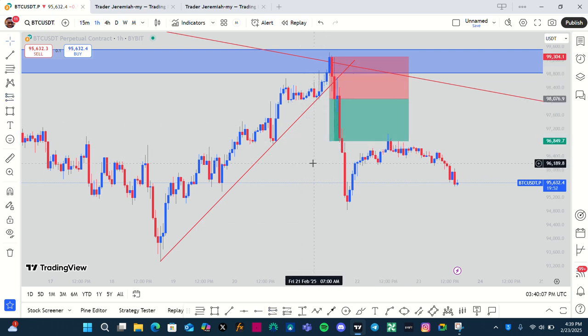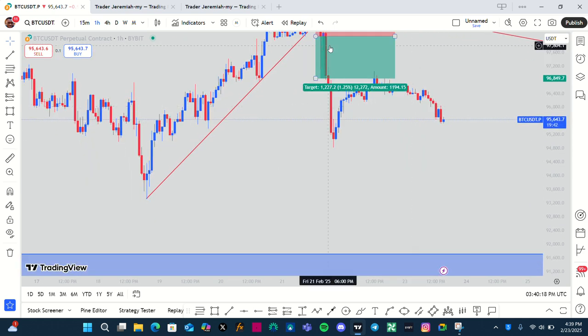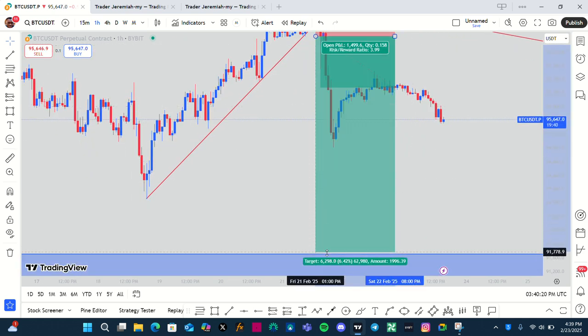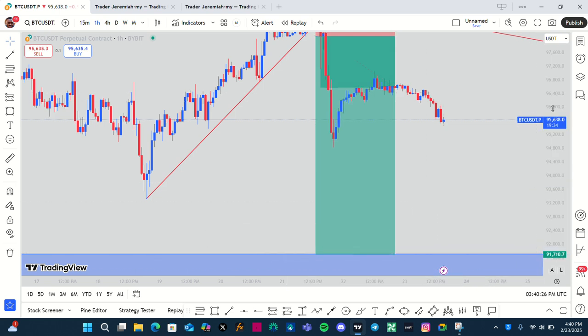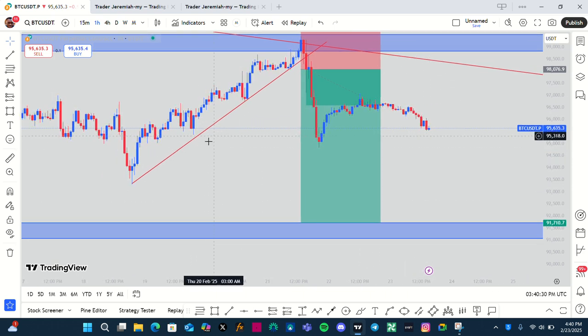So that's where I enter a sell position, and my stop loss goes above this level. So I put my stop loss above this resistance level, and then my take profit was at this next major support level. So my take profit was at this region. My first level target, my first take profit, is going to be this region.